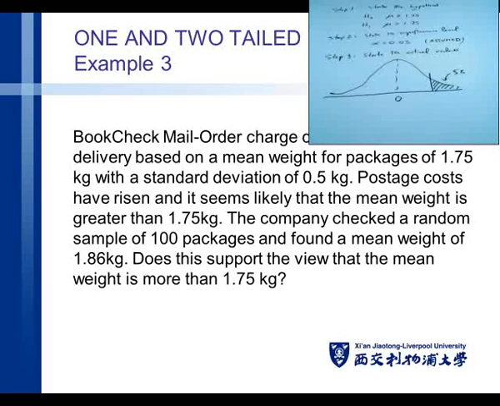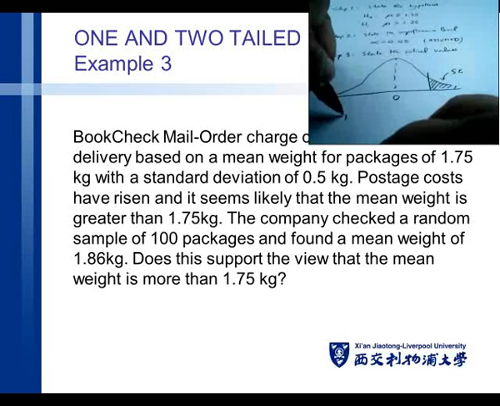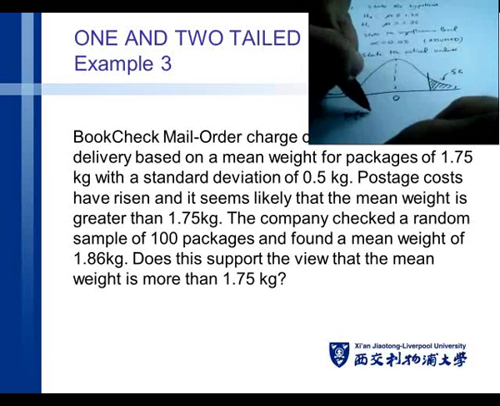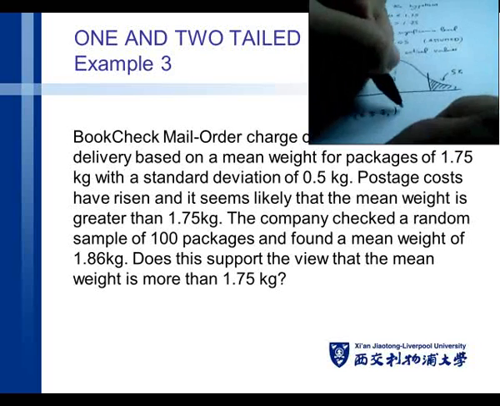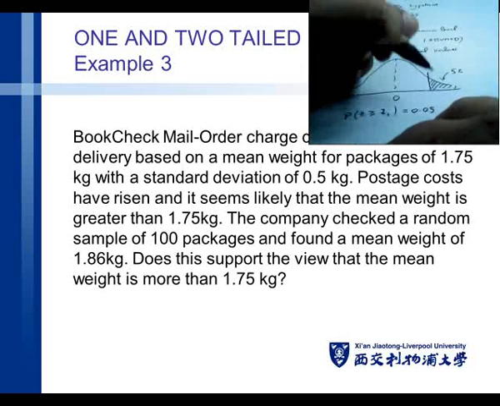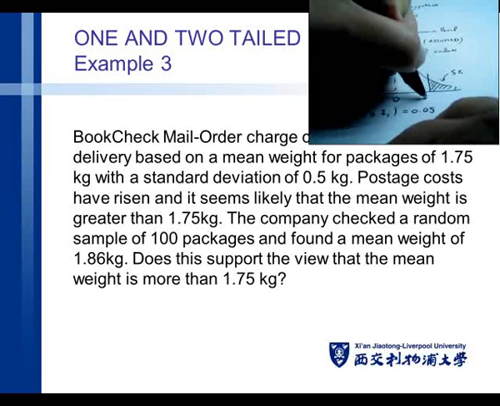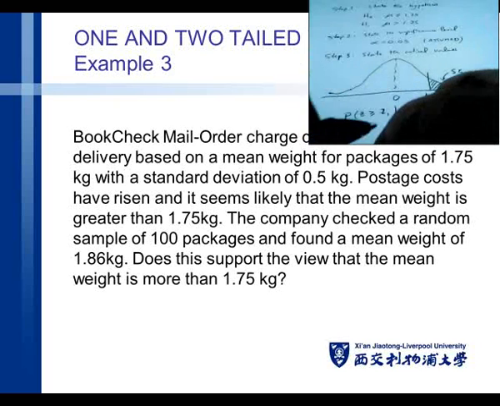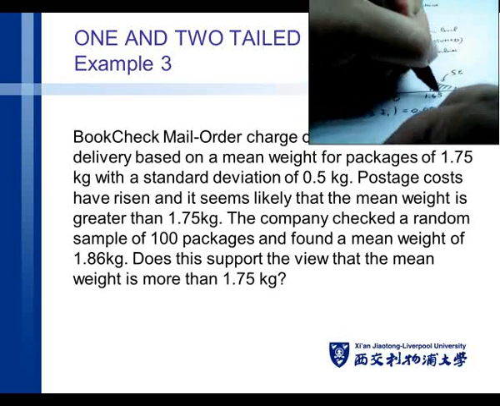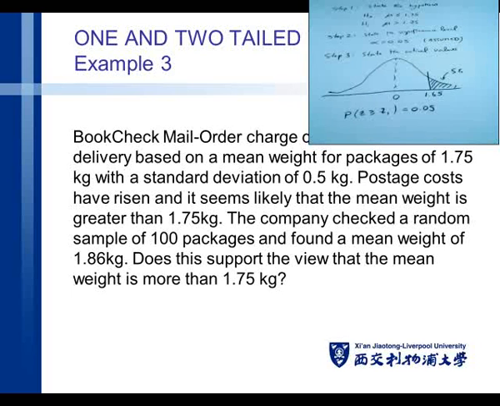Instead of dividing by 2, it's all on one side. If you look this up in a standard normal distribution, the probability that z is greater or equal to z1 is equal to 0.05, that gives you a value of 1.65. That's the critical value.